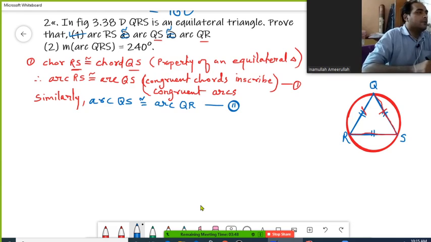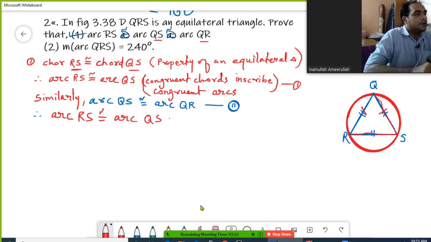So from 1 and 2, you can say therefore arc RS is congruent with arc QS, which is congruent with arc QR.